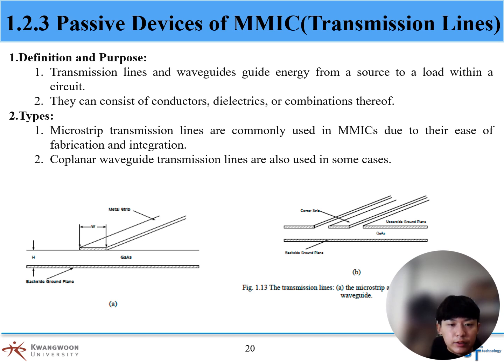Next is the types. The microstrip transmission lines are commonly used in MMIC due to their ease of fabrication and integration. The coplanar waveguide transmission lines are also used in some cases. The figure shows the structure.